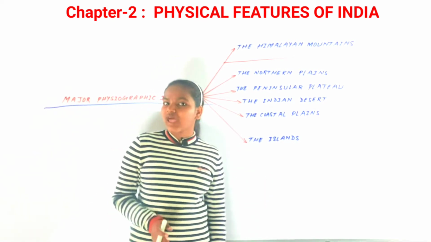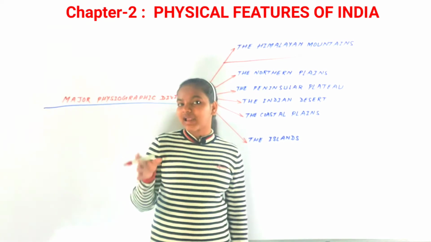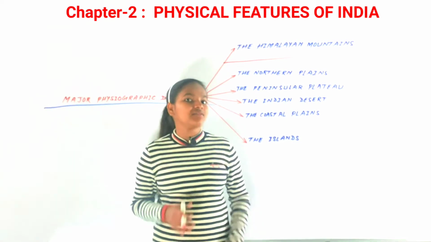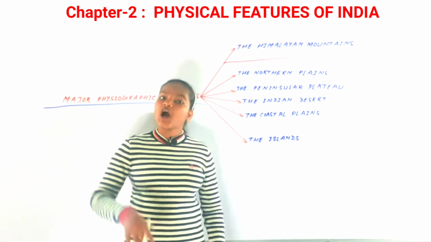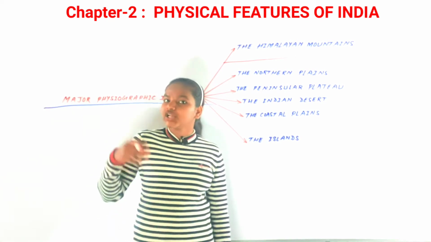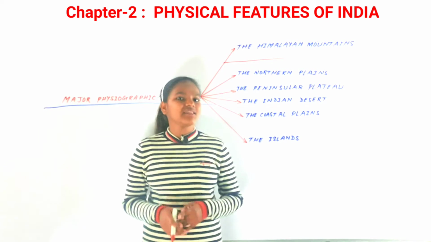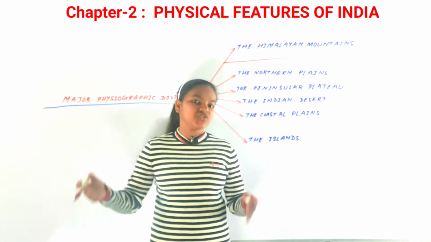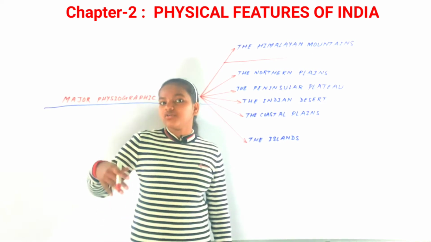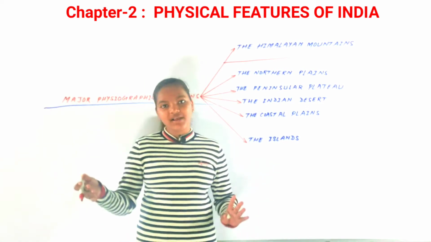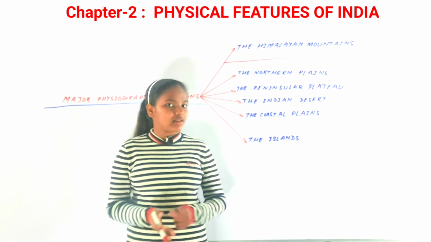According to it, the part of the Himalaya that lies between the Indus River and the Satluj River is known as the Kashmir Himalayas or the Himachal Himalayas, though there are different regional names.